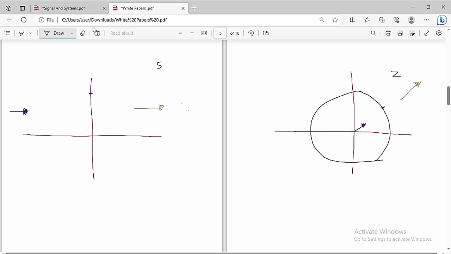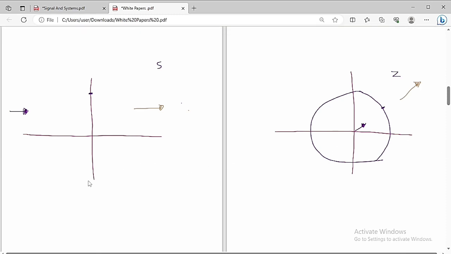So you can say clearly, whenever you move from this side to this side, the radius is going to increase from 0 to infinity. Listen carefully. Whenever you go from LHS to RHS, suppose I stand at sigma equal to minus infinity and I walk in this direction, then in the Z plane you have to go from 0 in this direction, away.